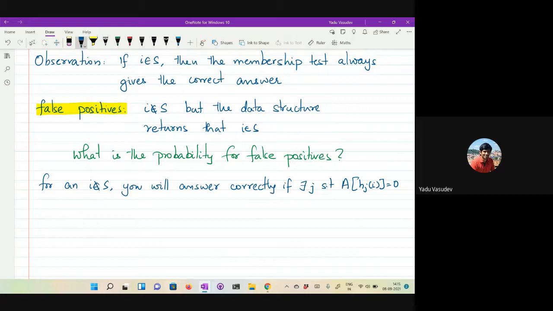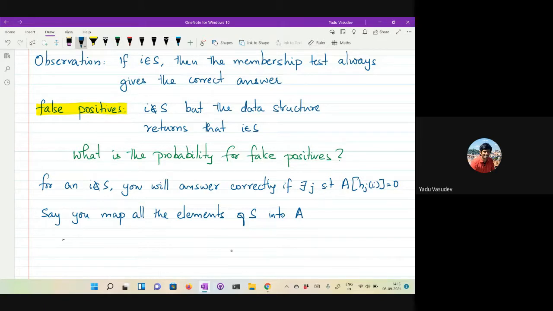So with that in mind, let's ask this question. Say you map all the elements of S into A. Okay, you do all this.